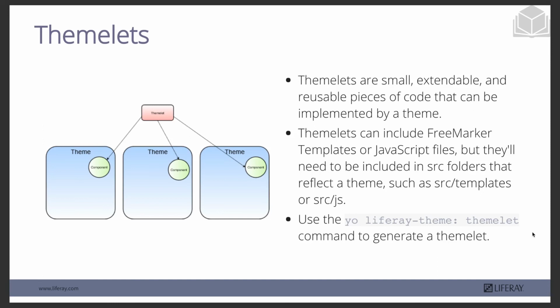We can build themelets using the same generator that we've used for our themes. We can simply run the yo liferay themelet command to generate our themelets. In order to add our themelets to our themes, they need to be visible to our themes through the NPM registry. We can either use npm link or npm install -g commands to install them globally.